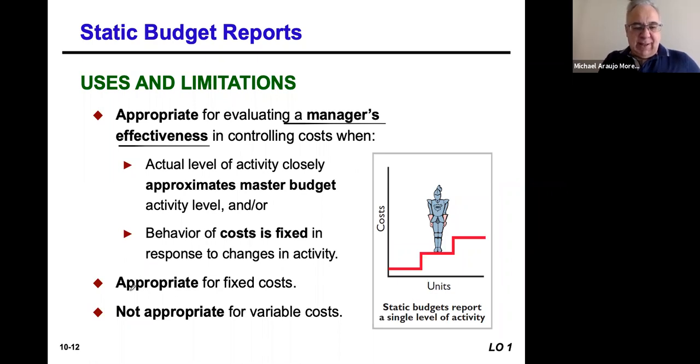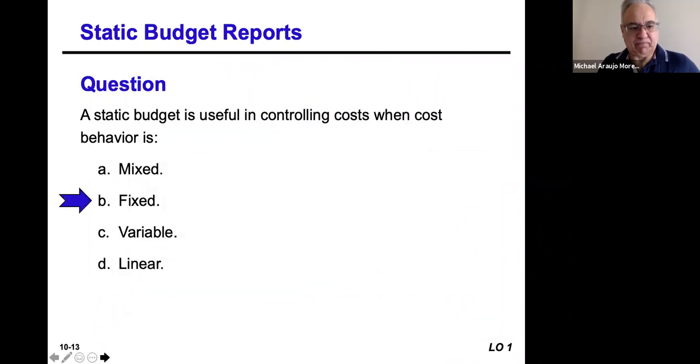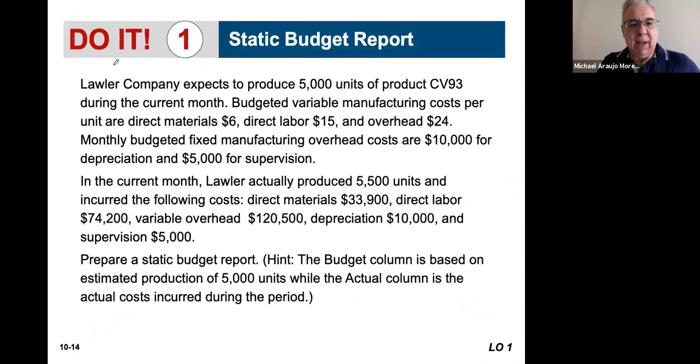So that's static budgets. However, they are really just appropriate for fixed costs, as you'll see. Variable costs and static budgets don't really go well together, as you'll notice. So let's take a look and wrap up our part one here.